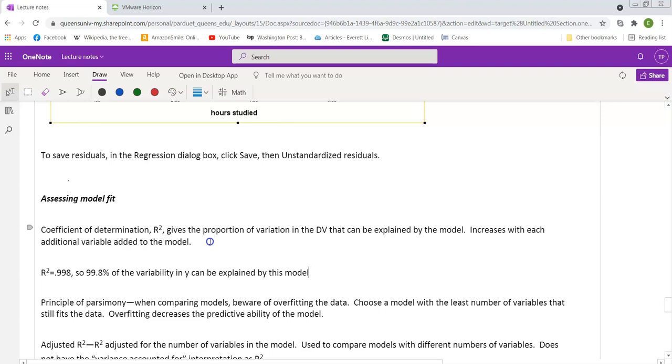Okay? So that's a very high coefficient of determination. This means we're able to nail down what y is pretty closely.